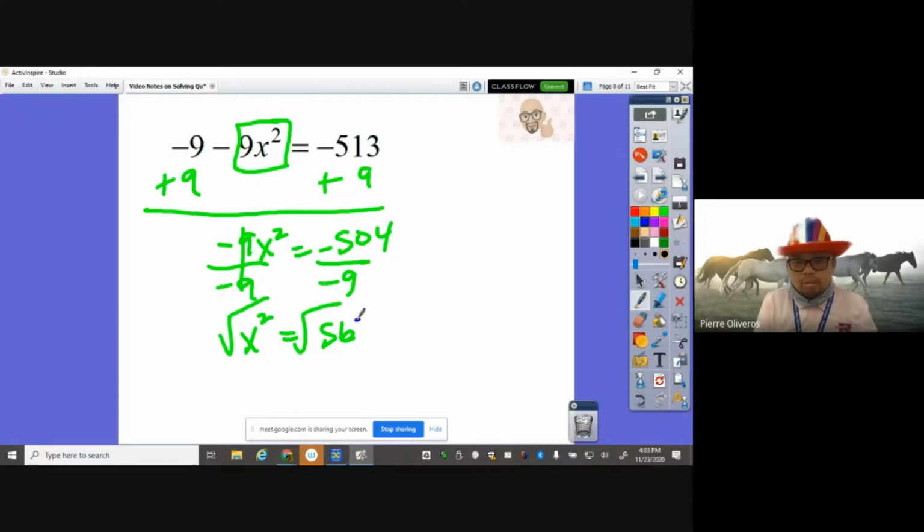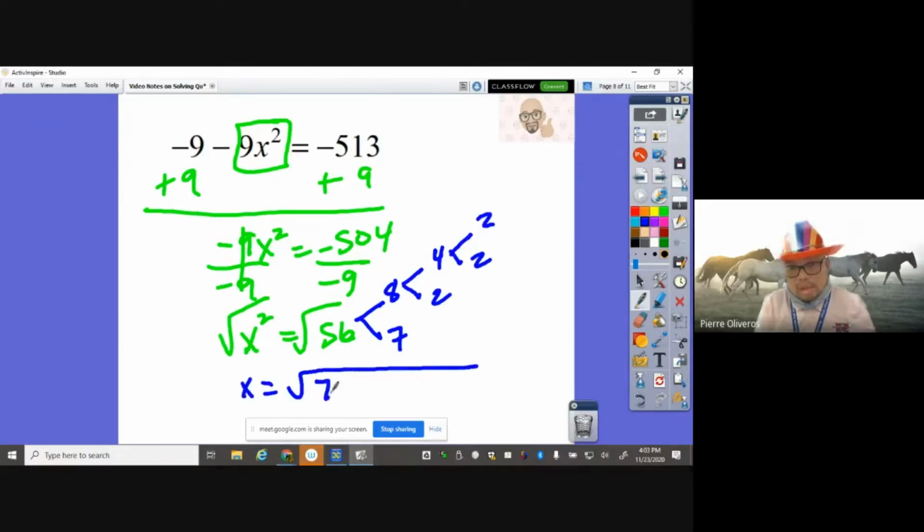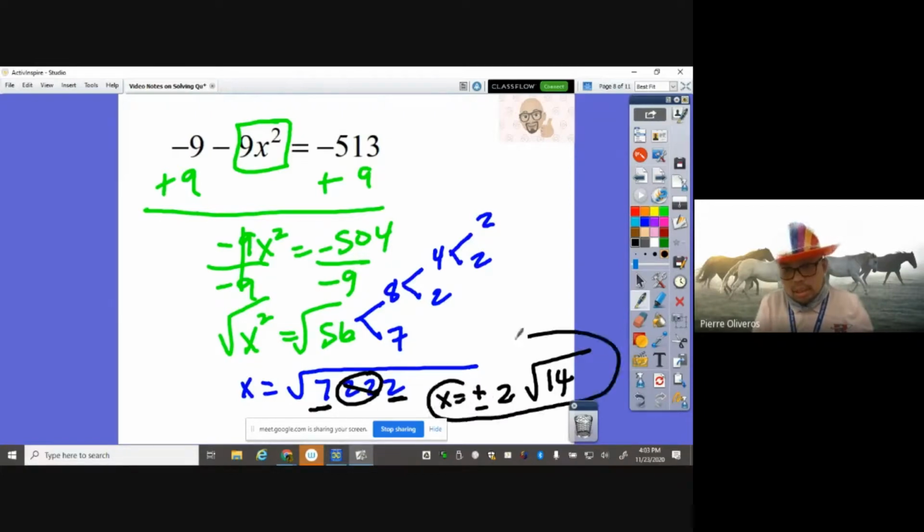How can we break down the 56? We have 8 and 7. 8 can break into 4 and 2, which will be 2 and 2. So x is equal to the square root of 7, 2, 2, 2. Look for a pair. I have a pair of 2 there, so that crosses out. So it becomes 2 square root of, what's 7 times 2? It's 14. And don't forget the plus or minus. And that's how the cookie crumbles.